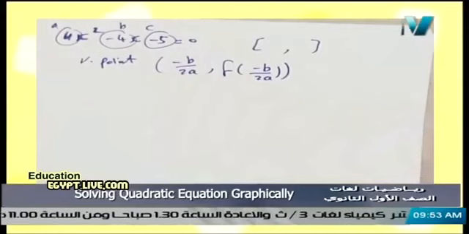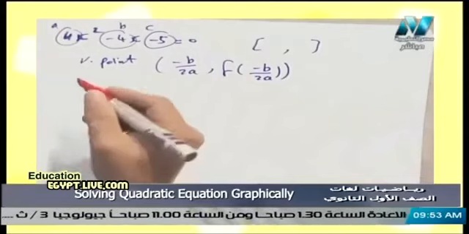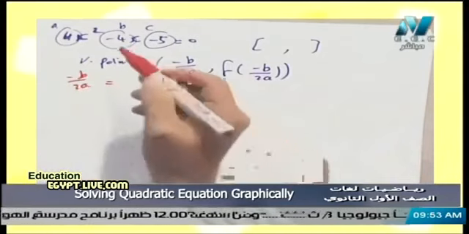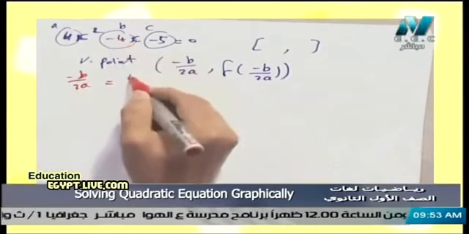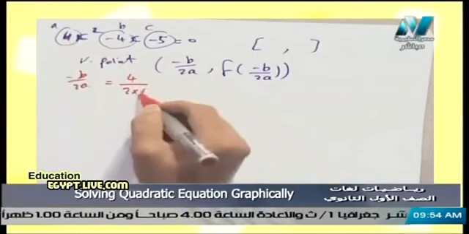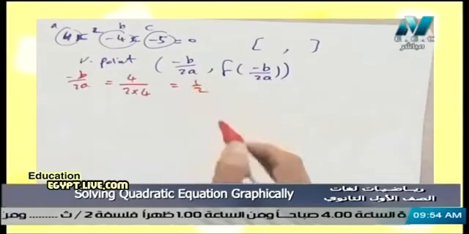And we will find the number negative b over 2a first. Negative b over 2a equals, negative b means 4, the converse of the sign, over 2 multiplied by a, which is 4. So it's half.